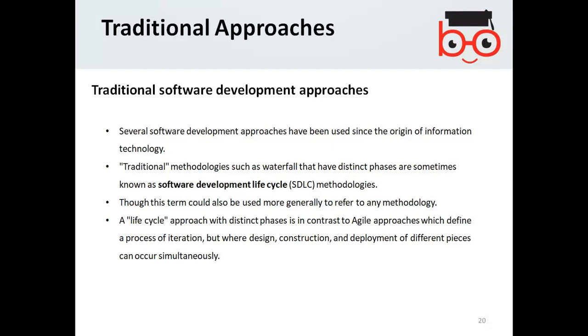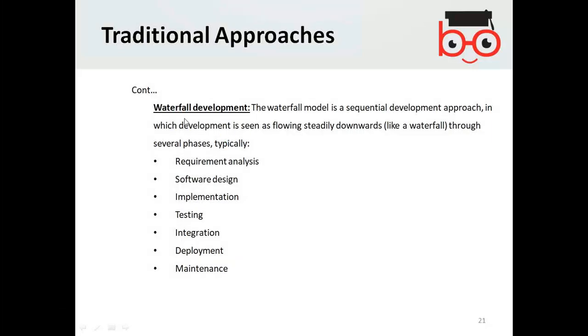Agile is an approach to software development allowing the steps from requirements, design, implementation, coding, and so on, but in the form of iterations. When you follow iterations, it means you are going through the development process in iterations instead of going through it as a whole. So these are the approaches.